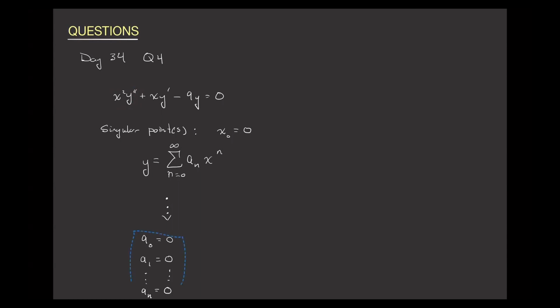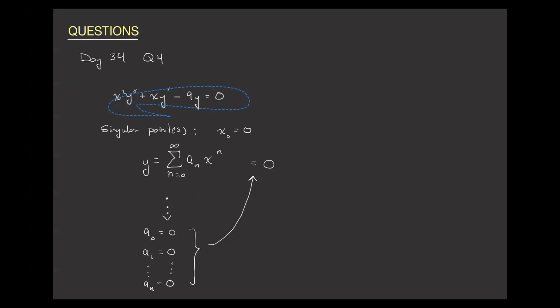And if all these coefficients are equal to 0, then it must follow that y is equal to 0. And okay, that makes sense. I mean, if y is equal to 0, you take the derivative, that's 0, that's 0 again when you take the second derivative. So 0 is equal to 0, that works.